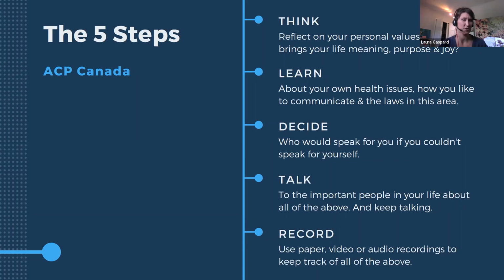That's in terms of decision making and how much information you'd like to receive when you're touching in on the healthcare system. You also want to learn about what health conditions you do have and what that means for you in the future. And then also learning about some of the laws in the area that you live. So for us specifically, some of the laws in British Columbia that impact you when you are touching in on the healthcare system.